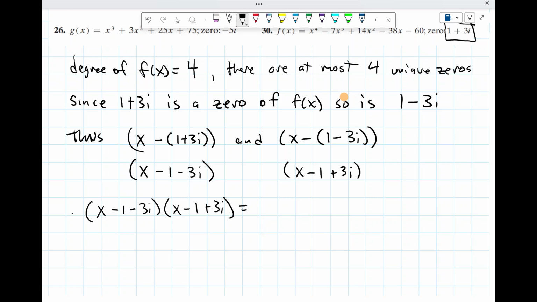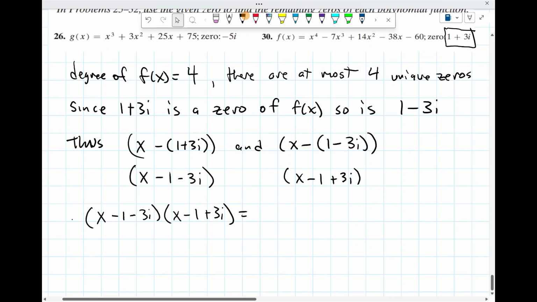All right. And the reason we're doing this is because if both of these are factors of our polynomial, then if I multiply the two together, the resulting polynomial will also be a factor of our polynomial f of x. The way to think of it is like this. 2 and 3 are factors of 12, right?